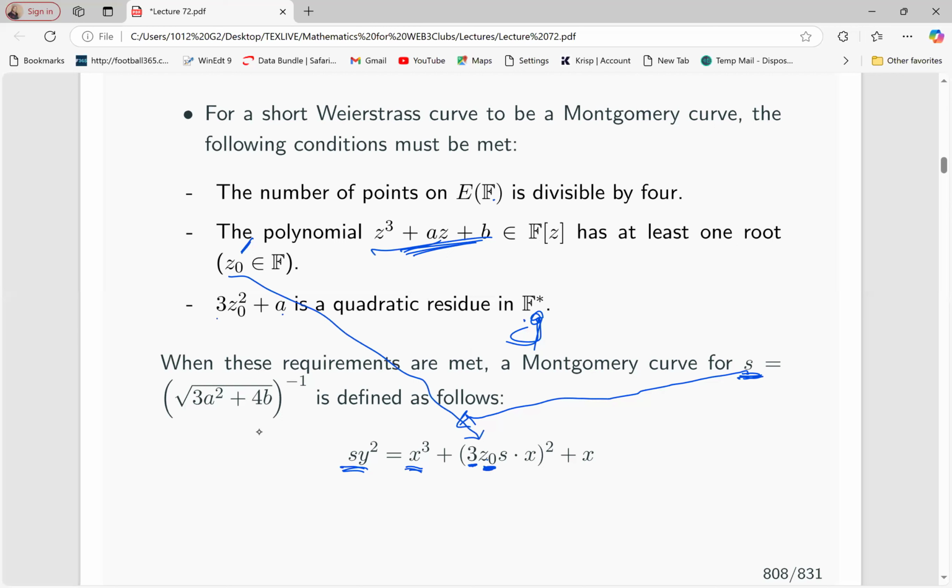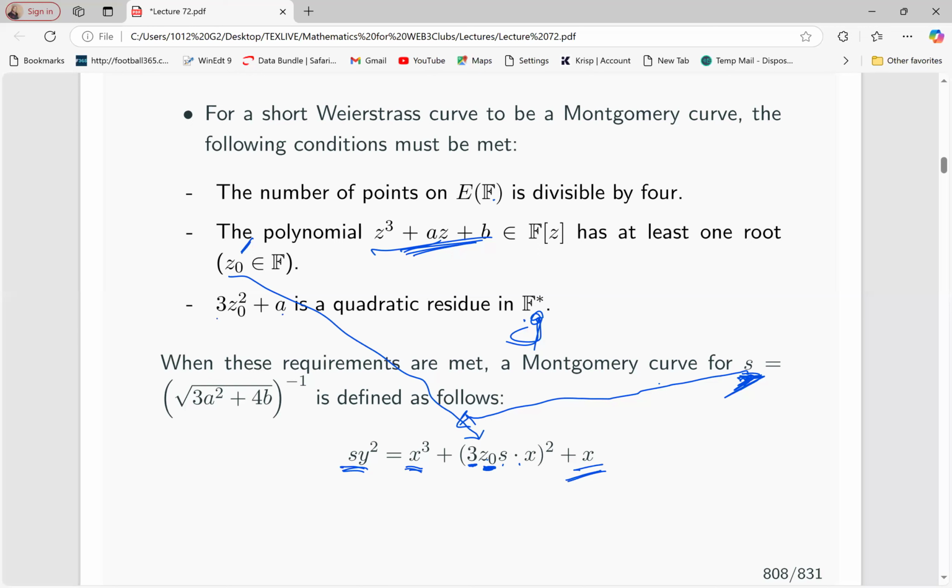So that root multiplied by 3, then multiplied by this s, then multiplied by x, and square what you get, then add x. This is how we convert the short Weierstrass form of elliptic curve to Montgomery.